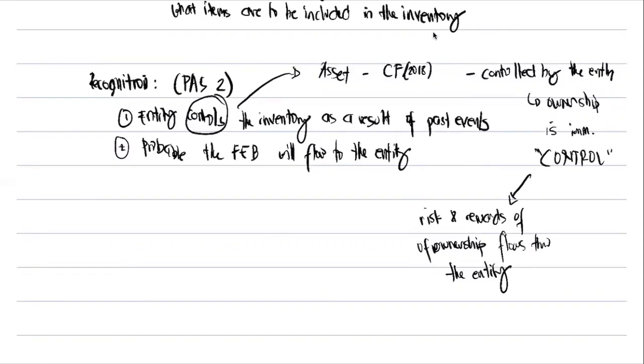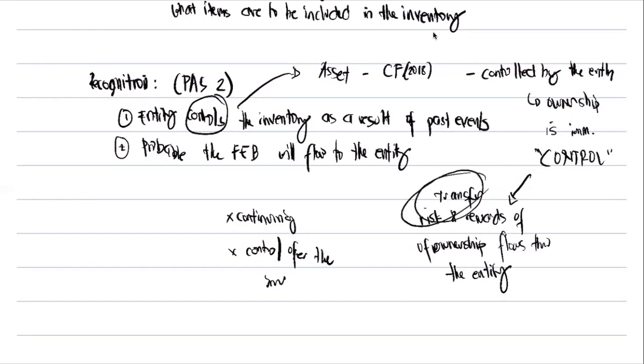So normally, it is not just a continuing involvement or a control over the inventory. There must be a transfer of risks and rewards, not just merely a control over the conduct of the inventory, but a transfer of risks and rewards of ownership.